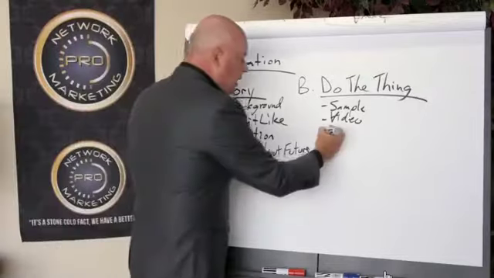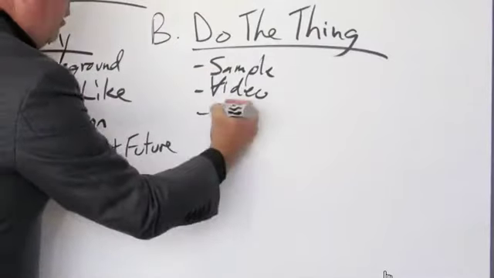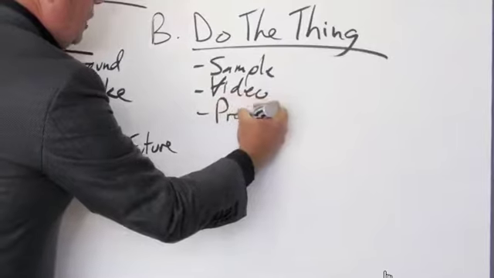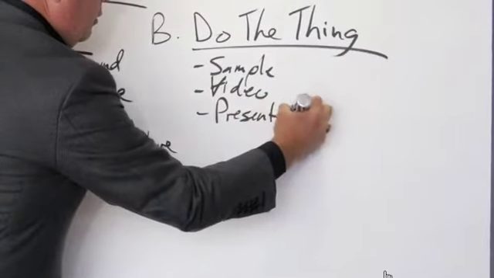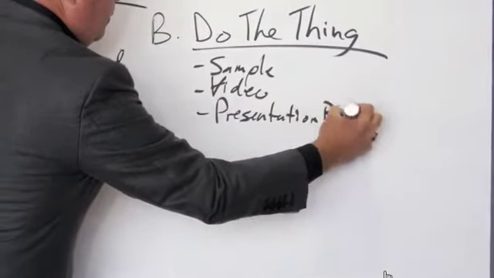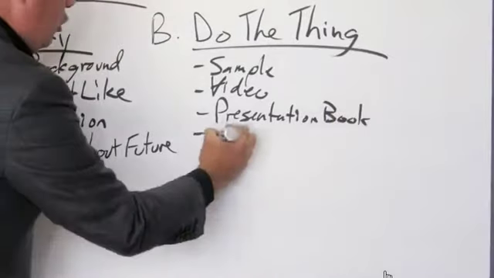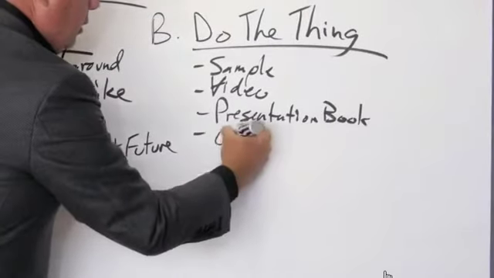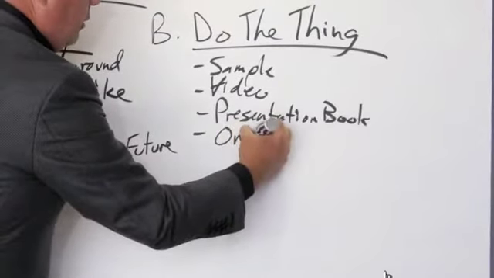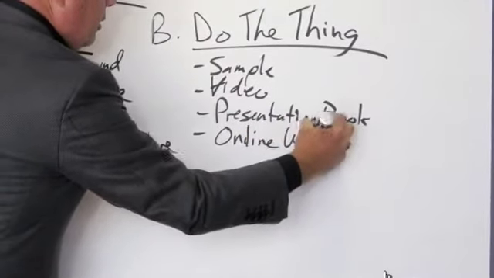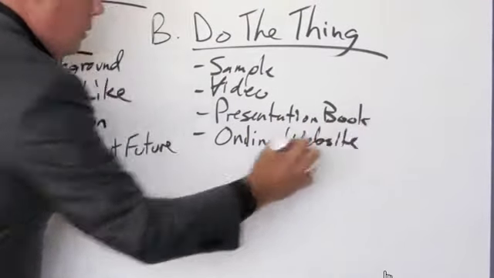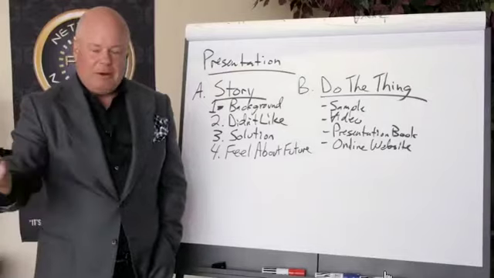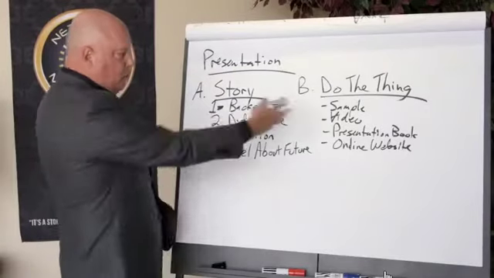Some companies might be tell the story, show the presentation book. Might be tell the story, go online to the website. Okay, so whatever that happens to be. Tell the story, do the thing.